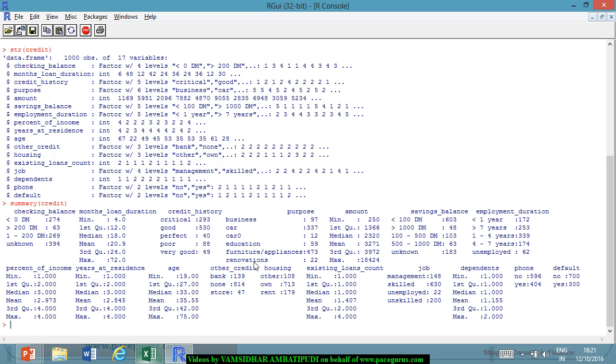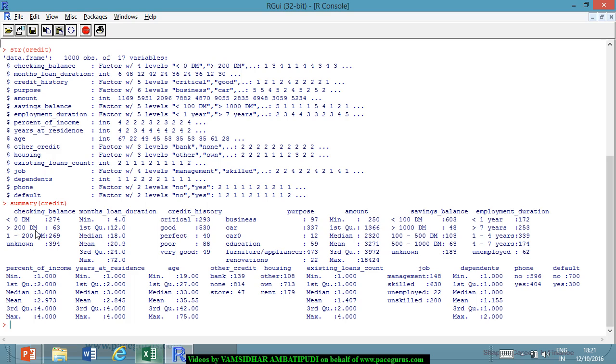If missing values were there, it would have shown NA as one more row in any of these data elements. So because there are no NAs, there are no missing values in the data. But yes, let me try to create the dummy variables out of each one of them.